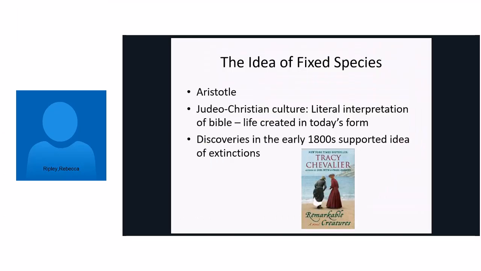Okay, so the idea of a fixed species. Many hundreds of years ago, it was mostly accepted that life started at a certain fixed point. So some of it's like Christian or Judeo-Christian culture where they take that interpretation of Genesis in the Bible as being literal at that time.